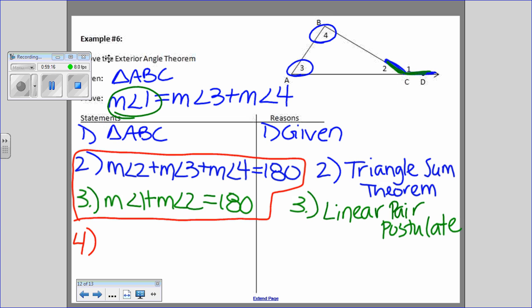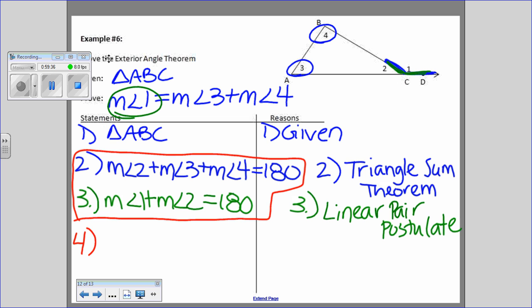You mean the transitive property? It depends. What are you saying that my middleman is? Your middleman is the measure of angle 2. No, it is not. Your middleman is the 180.